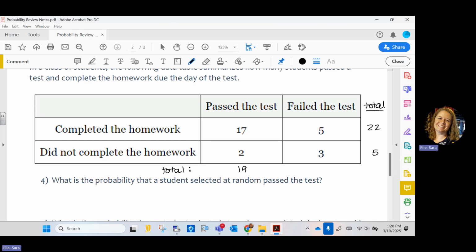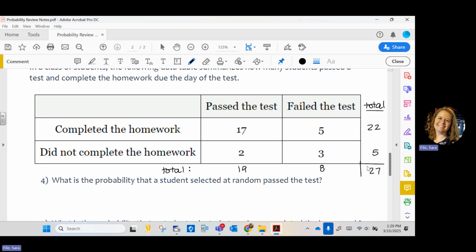And the total of people that failed the test is 8. And you can see either which way you add, whether you add this column or this row, the total number of students is 27. So 27 students total.